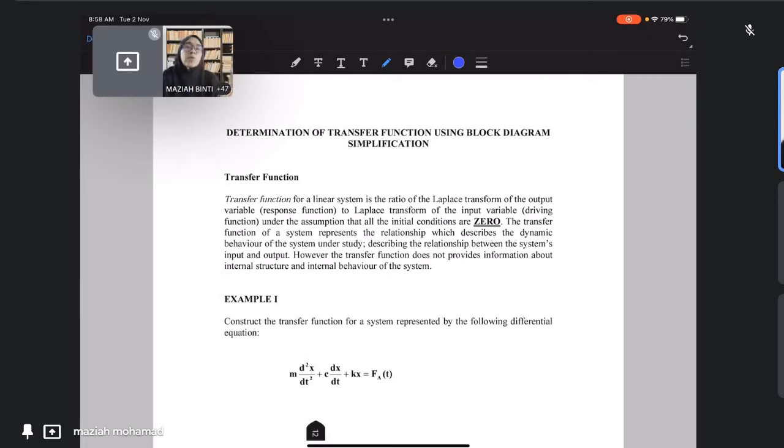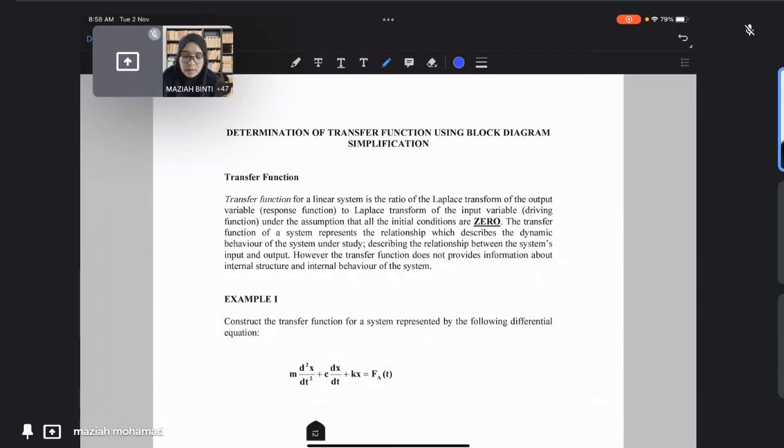Then you solve for the parameters using the partial fraction method, and then you inverse the Laplace transform back into the ODE form. So the final equation in ODE form is actually the time response for the system.